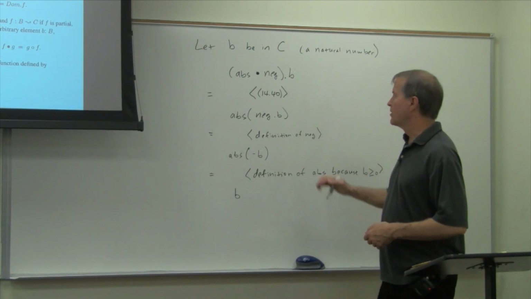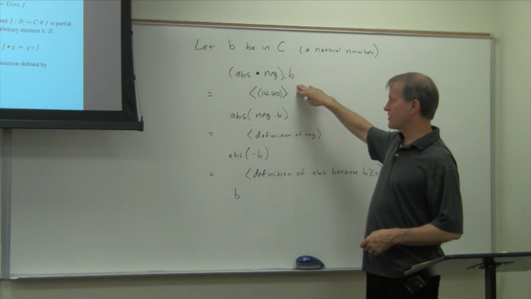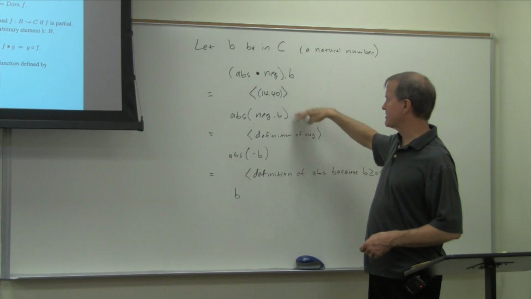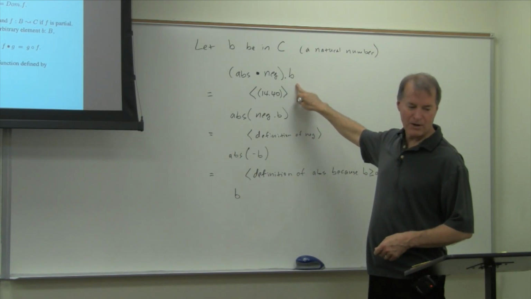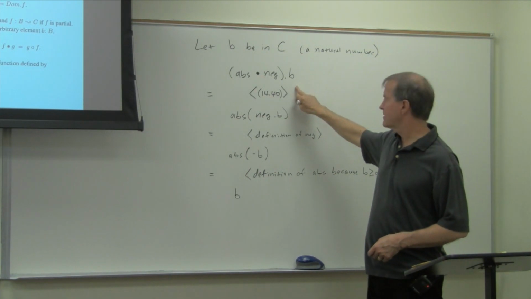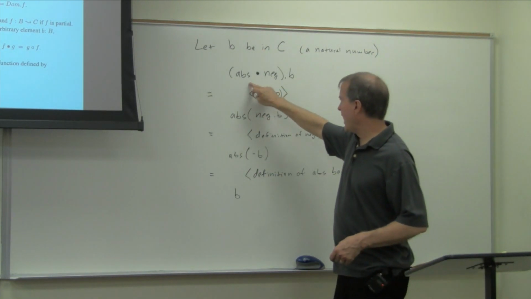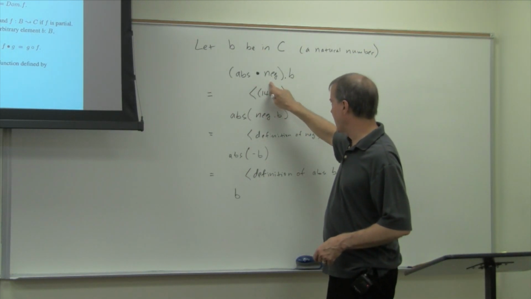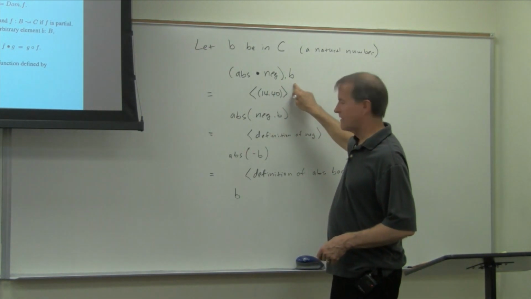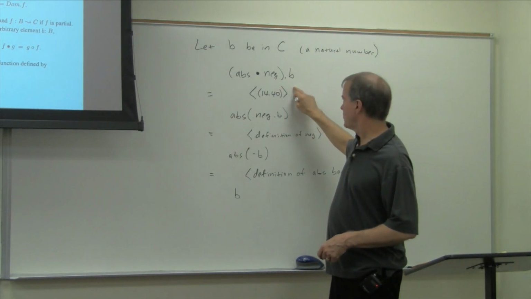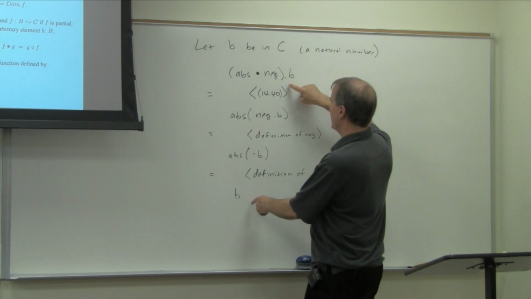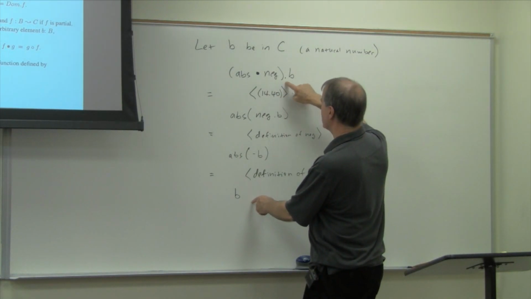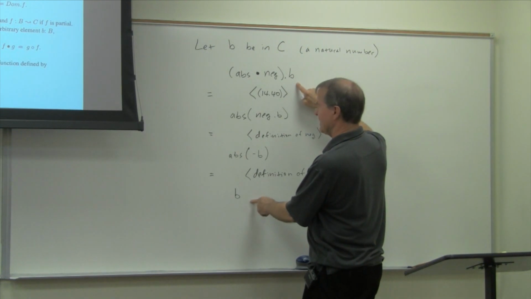Are you with me? All right. So look, what did we just demonstrate by this sequence? We are saying abs compose neg dot b equals b.